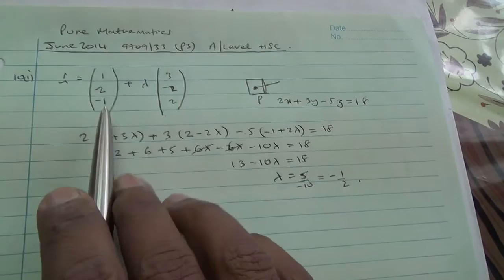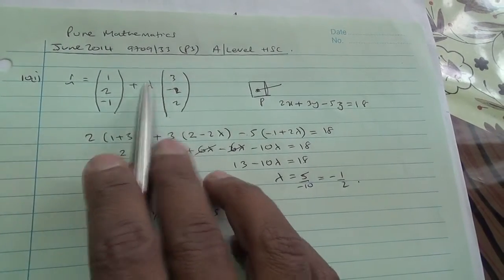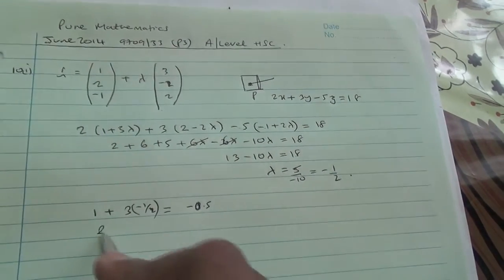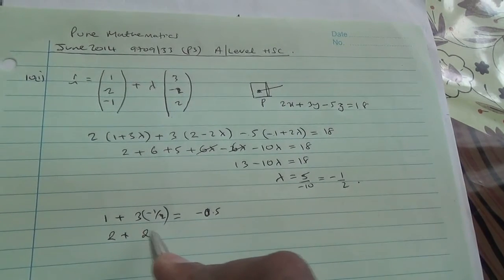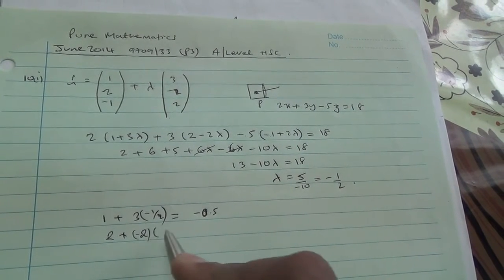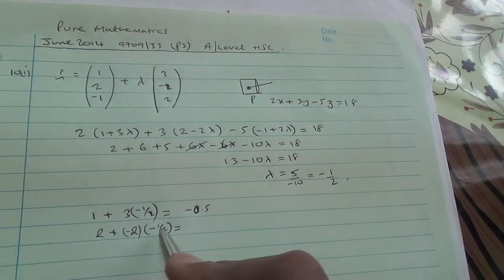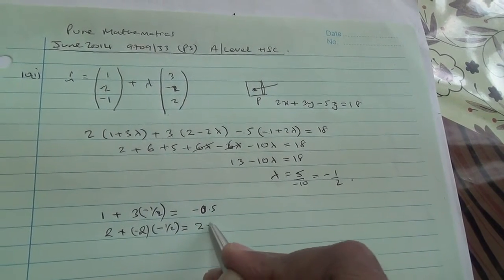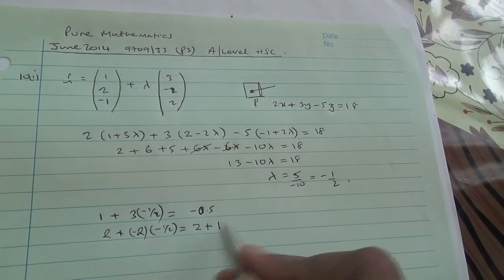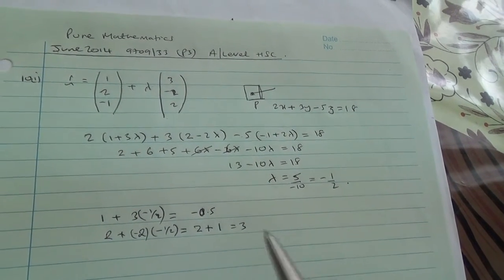And then for the second one, 2 plus 2 times minus 2 lambda, that is 2 plus 2 times minus 2 times minus half, and that's going to be 2 plus 1, so it gives us 3.